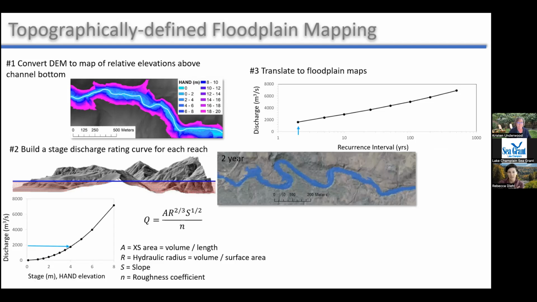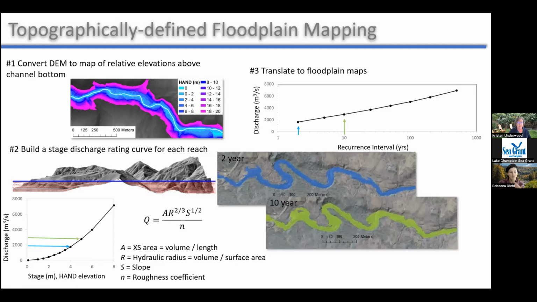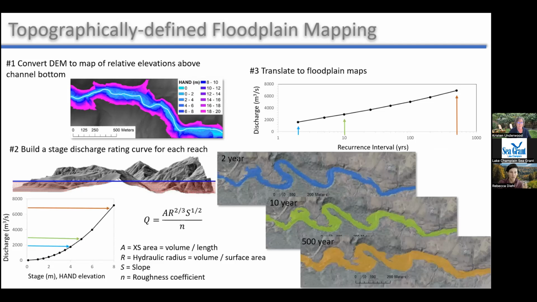And so we fill in those spots on the landscape and identify which bits of that landscape are inundated during that flood event or that recurrence interval flood. We can do that similarly for a 10-year recurrence interval flood and a 500-year flood. And this together creates what we call our composite map, or our floodplain maps, depicting the geomorphic floodplain and the relative inundation frequency.